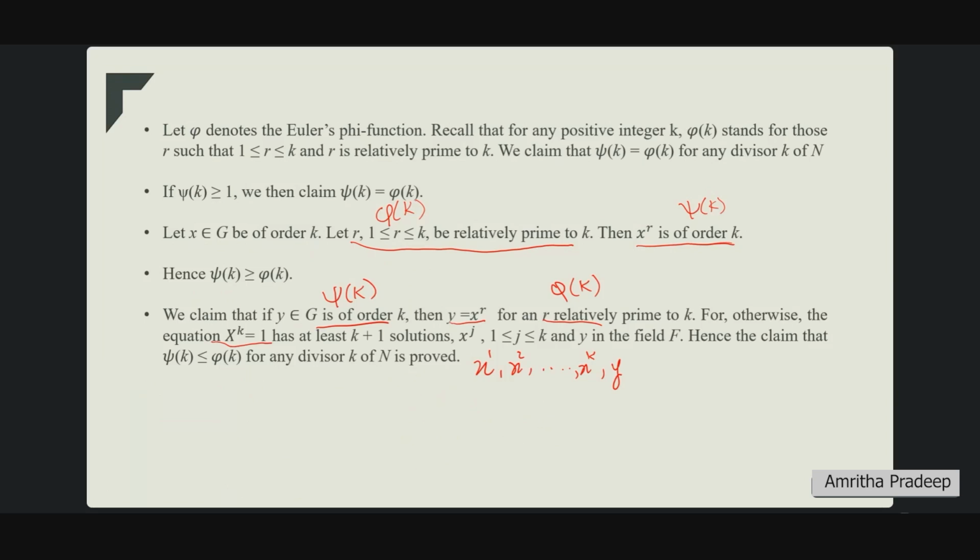So psi of k is less than or equal to phi of k for any divisor k of n, because k is any arbitrary divisor. So these inequalities change into equality.